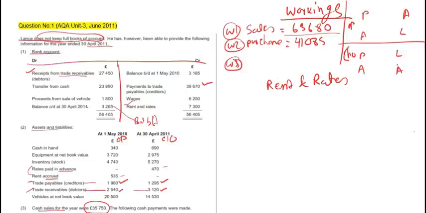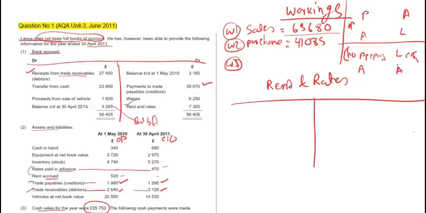Okay, so we have prepaid rates. This is closing, so closing prepaid is less. So T account you need to open, debit account, closing prepaid we need to less, and closing is balance c/d, and the c/d amount is 470.